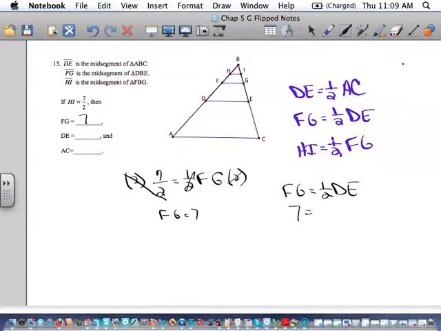FG is 7. That means DE is 14. And now you know that DE is equal to 1/2 of AC. So in order to find AC, you just double DE, and that becomes 28. Okay, the secret there is that the midsegment is 1/2 the length of the third side.